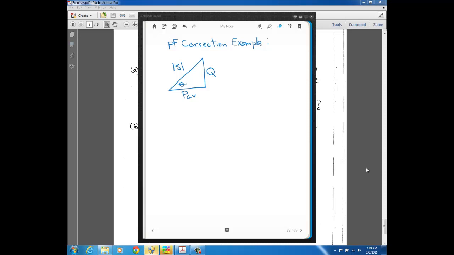We know from the power factor being 0.85 that the angle of the power triangle would just be inverse cosine of that power factor, and that comes out to approximately 32 degrees, which, by the way, remember, this is not only theta but theta z, since they're equivalent.